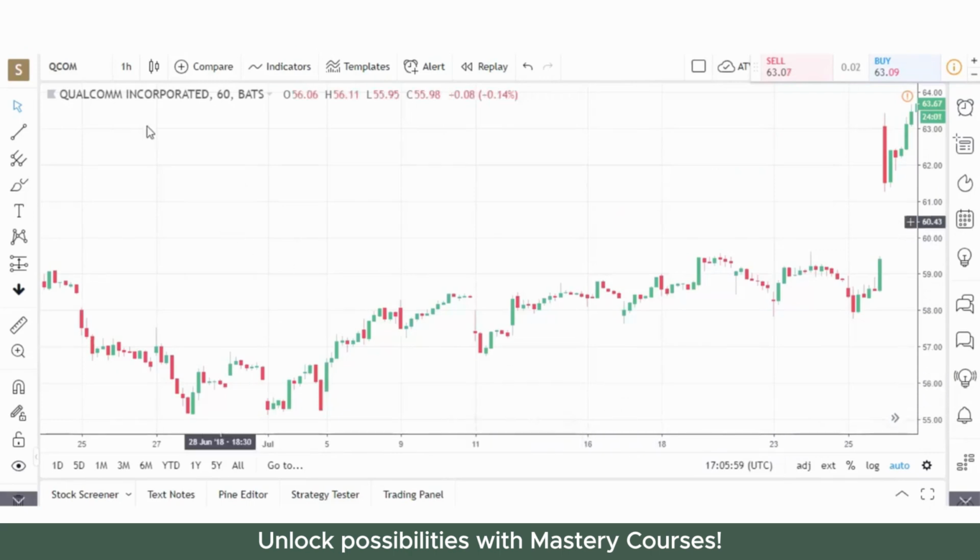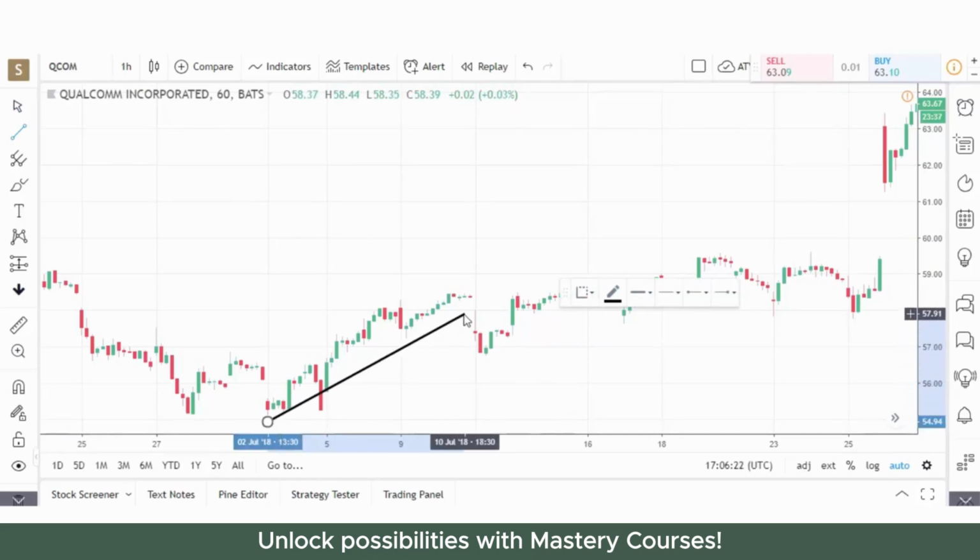We have Qualcomm and we're looking at an hourly chart, and you often see flags and pennants and triangles on hourly charts. They can help guide your trading on a shorter term basis. So if we look here in July, on July 18th, we see that the stock is moving up, has a slight pullback, and then continues the bullish pattern.